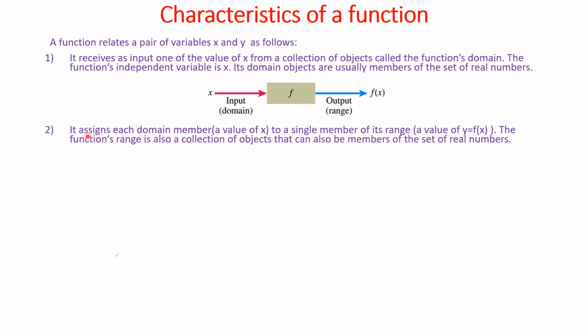The function assigns each domain member, which is a value of x, to a single member of its range, which is a value of y, which is equal to f of x, as we said. The function's range is also a collection of objects that can also be members of the set of real numbers.